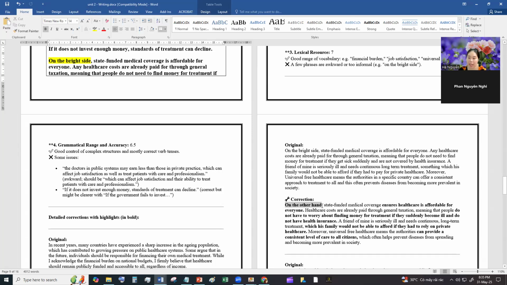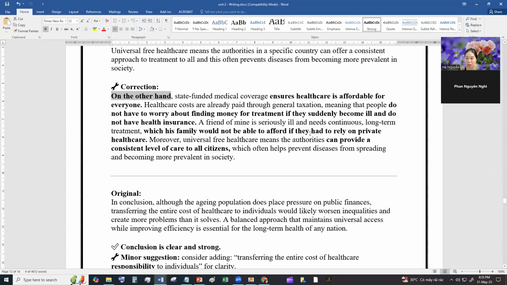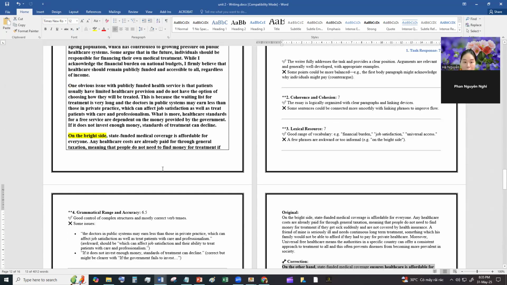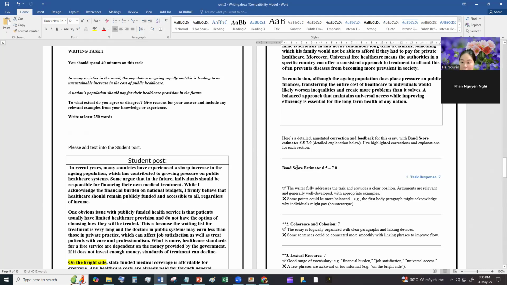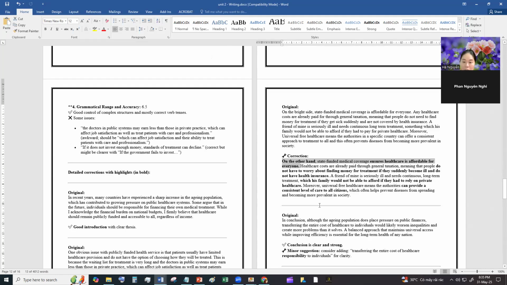So on the other hand, state-funded medical coverage ensures healthcare is affordable for everyone. So that's a more academic language there. Okay, so the rest, you can have a look in your free time. There is detailed analysis of the score and explanation of the correction.